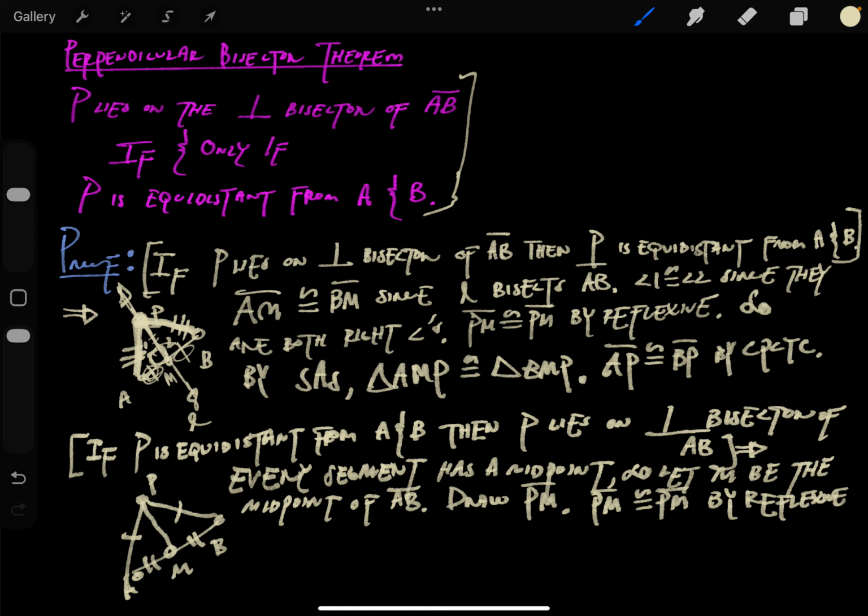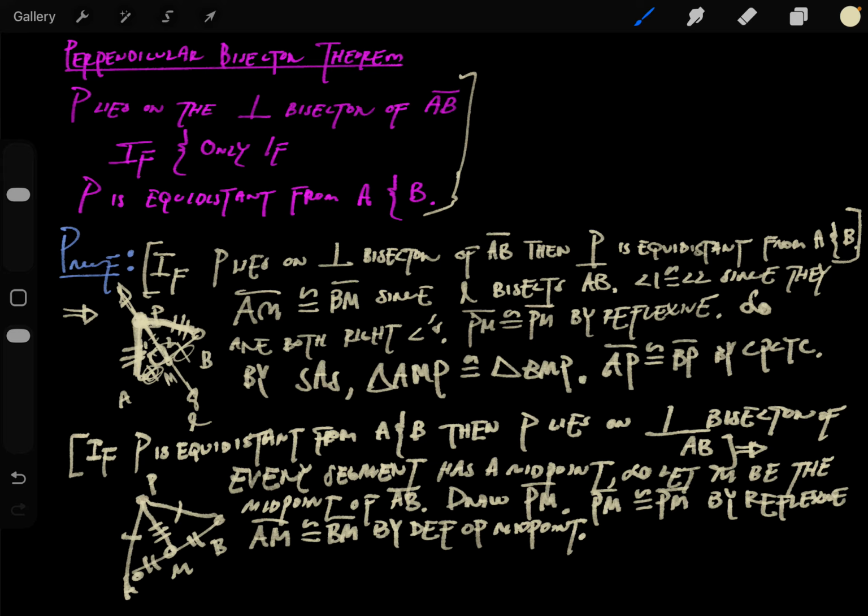I should have said right after the midpoint that AM is congruent to BM by definition of midpoint. And from the given, since P is equidistant, PA is congruent to PB by given.